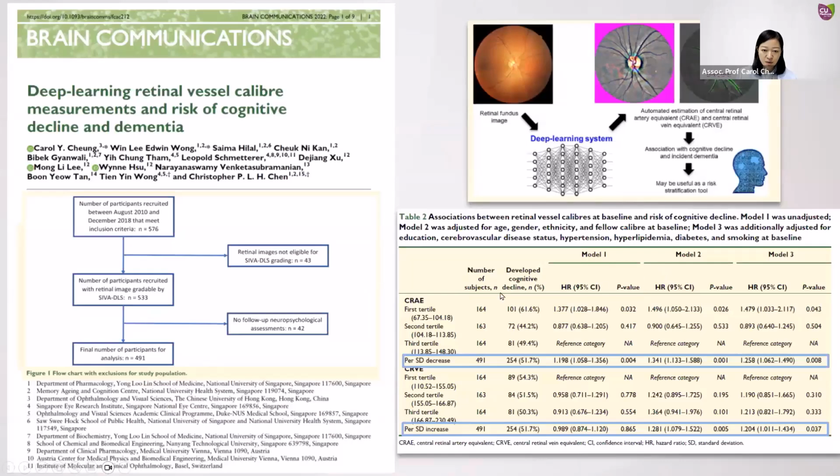In the multivariable Cox regression models, narrower retinal arterial caliber and wider retinal venular caliber were associated with increased risks of cognitive decline, supporting the use of retinal imaging and retinal vessels assessment, a marker for the cerebral microvasculature, as a non-invasive potential tool to screen and stratify individuals who may be susceptible to cognitive decline.